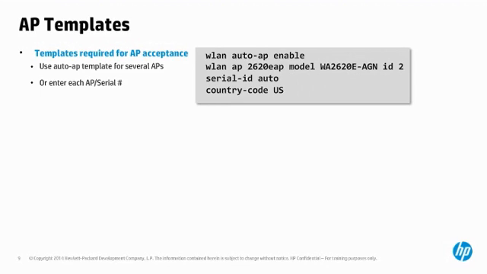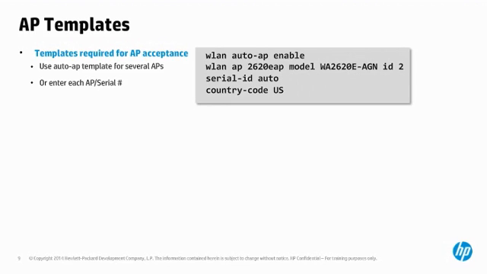The next command is serial ID auto. This informs the AC that it should accept all APs of this model number regardless of serial ID. If you prefer to individually specify each AP, you would enter the AP's serial ID number here instead of the keyword auto. Finally, the country code is entered.